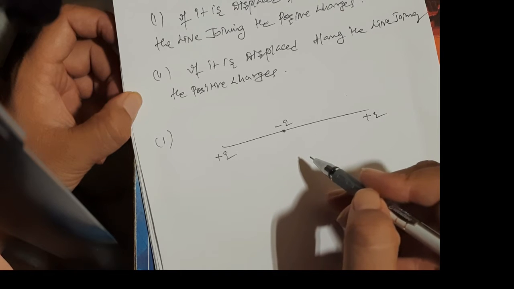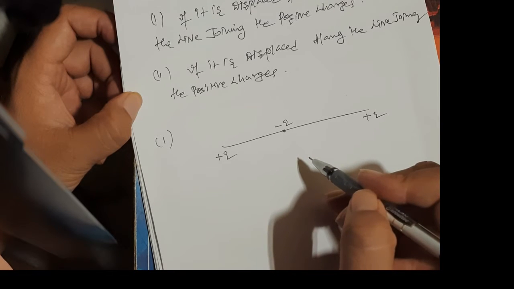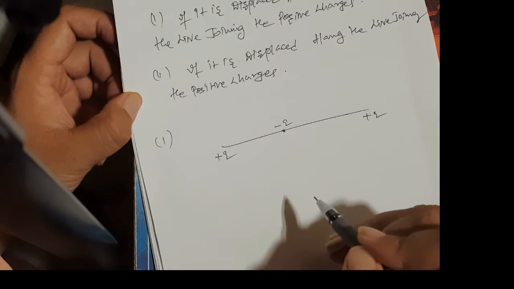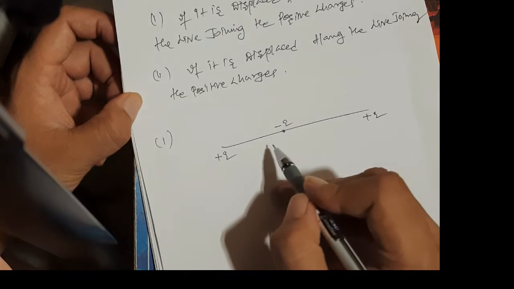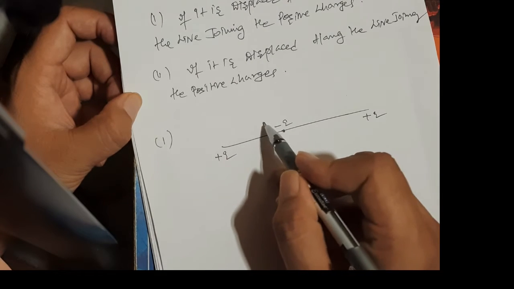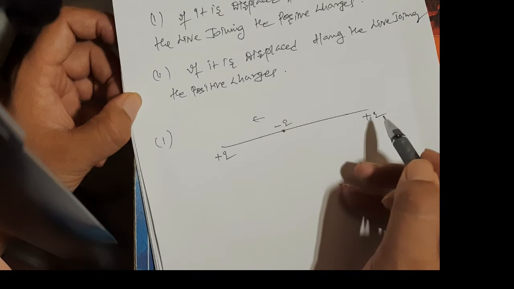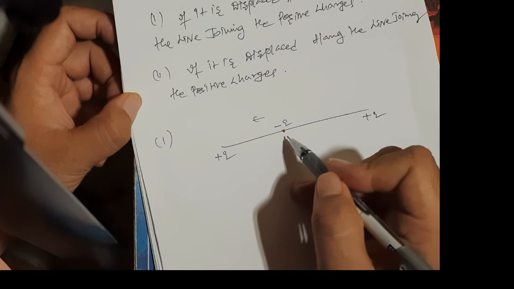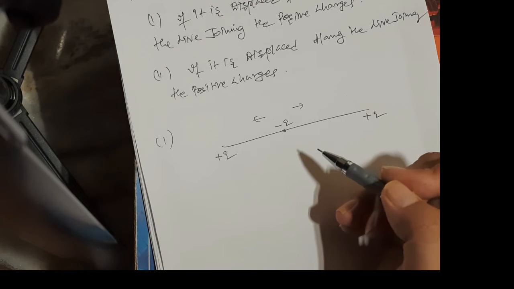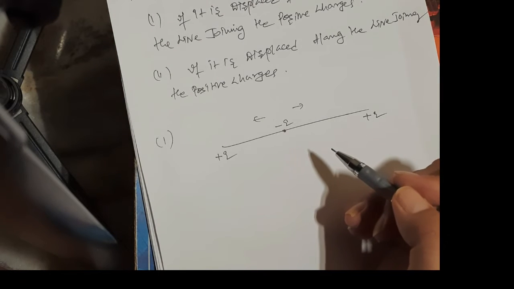Then initially this negative charge is in equilibrium. Why? Because the force acting on this charge due to this charge is an attraction force, and the force acting on this charge due to the other charge is also an attraction force. So initially the negative charge is in equilibrium.